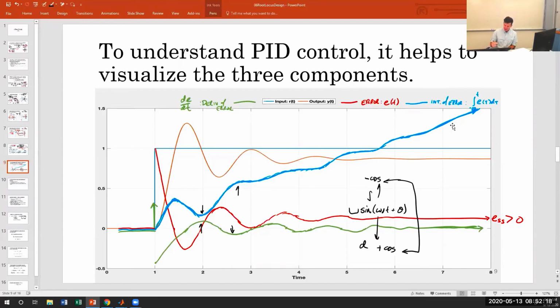Another way to think about this is that the error signal gives you kind of the present. I don't want to say state, since it has a special meaning in controls, but the error as a function of t gives you the present error, like the present state of the system. If you look at the integral of the error, this tells you all past states, or it gives you a sense of history.